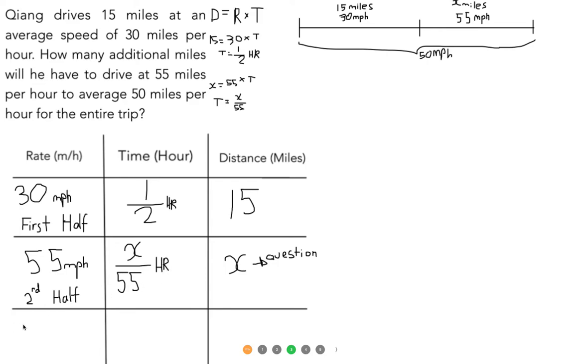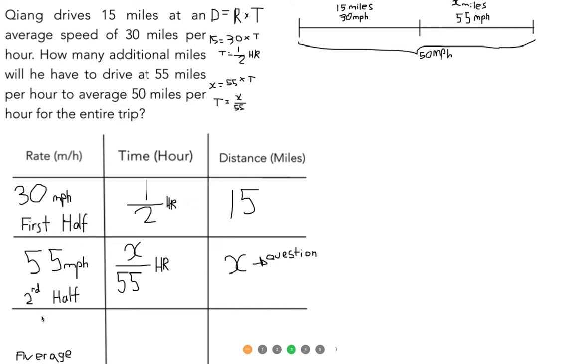And then for the last row we have the average. And to find the average, it says that he has to travel x number of miles at 55 miles per hour to average 50 miles per hour.